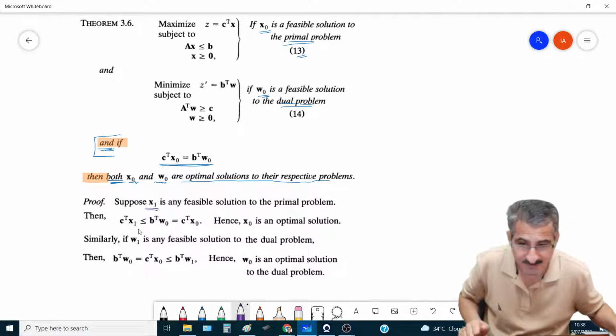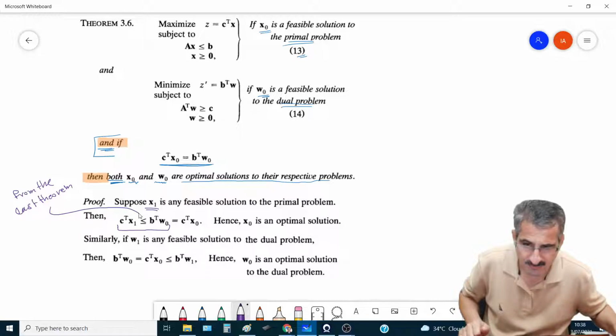Then what's happening? Now we know this from the last theorem, the weak duality theorem.